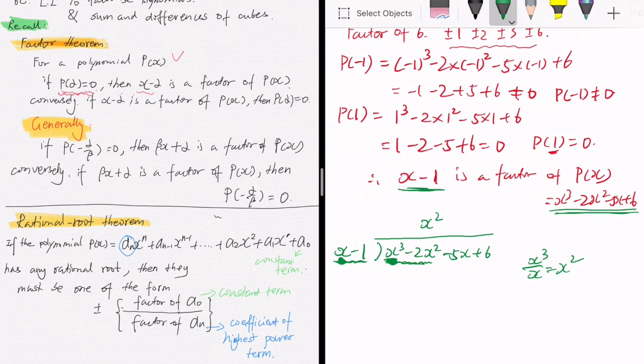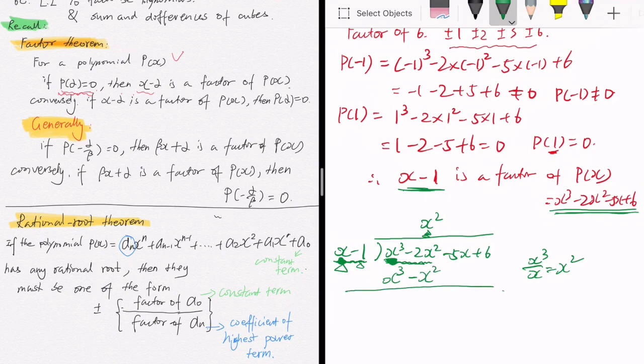The reason why we put x squared over here is because if I use x times x squared, I get x cubed. This is what I want, because I want to make it the same as the x cubed on the top. Now next, negative 1 times x squared, I get negative x squared.